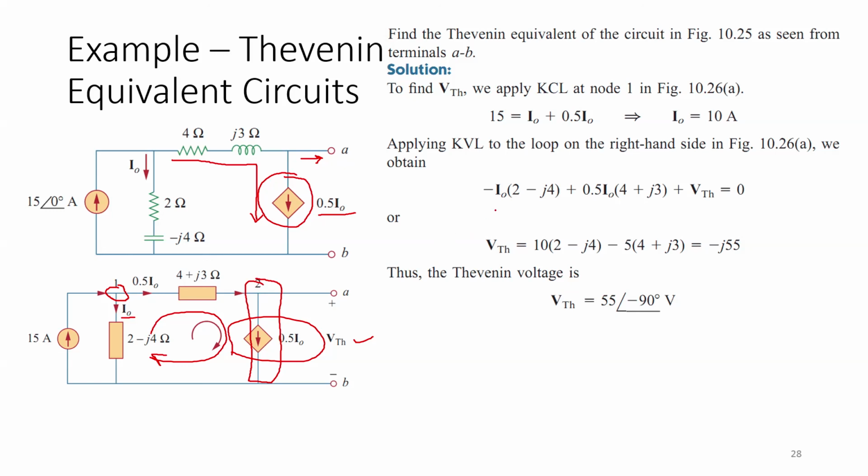It is simply I naught times 2 minus J4, and because this I naught is flowing downwards and we are taking the upward direction, we are using a minus sign here. Then the voltage drop across 4 plus J3 ohm is 4 plus J3 ohm times 0.5 I naught, as we have already discussed, plus the voltage drop here. This is the Thevenin equivalent voltage. So by solving this equation, we find the Thevenin equivalent voltage to be 55 angle minus 90.